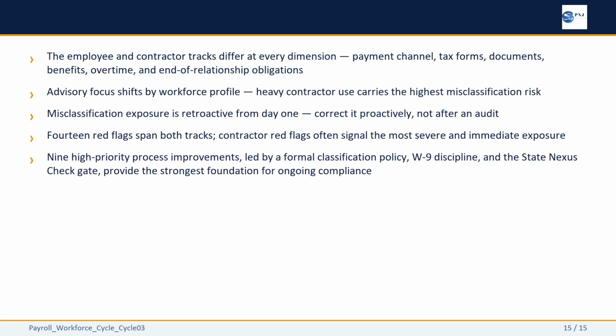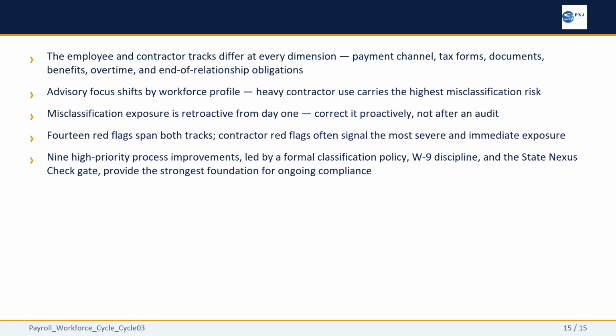Here are the key takeaways from Section 7. The employee and contractor tracks differ at every dimension, and those differences are exactly why classification matters. Advisory focus shifts by workforce profile, with heavy contractor use carrying the highest risk. Misclassification exposure is retroactive from day one, so correct it proactively.